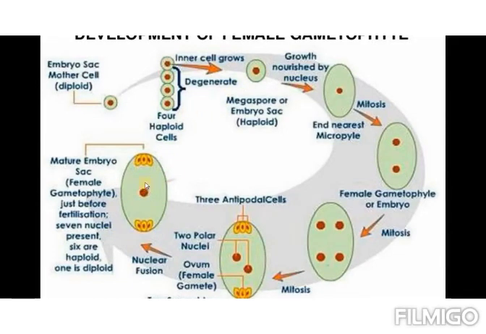It is also called the endosporic because the development takes place inside the megaspore. That is why it is called the endosporic, 7-celled and 8 nucleated female gametophyte.